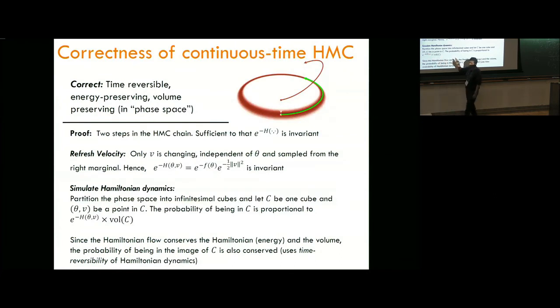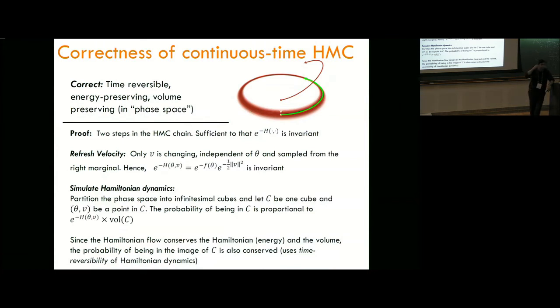Remember we are chopping up the phase space, not the position or the momentum separately. So that also doesn't change. The only bad thing that can happen is that somehow trajectories collide and you lose volume, but that's also not going to happen. So all of these three things, time reversibility, the fact that the Hamiltonian is not changing, and the fact that the volume is not changing, mean you can make this rigorous.